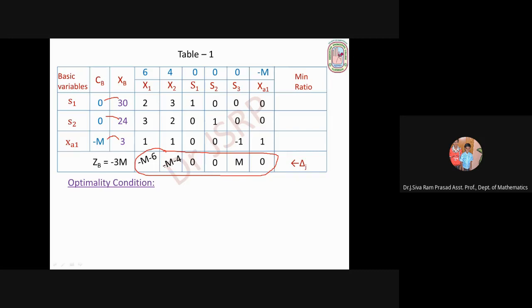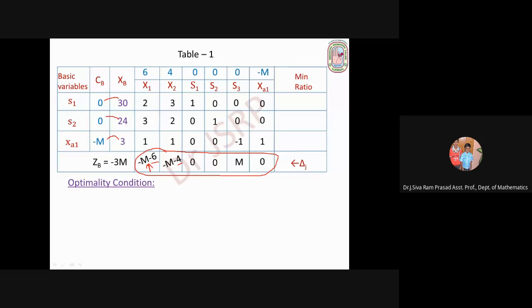If the M coefficient is negative, then it is a negative term. So you don't bother about terms like minus 6, minus 4, whatever. You just observe this value.